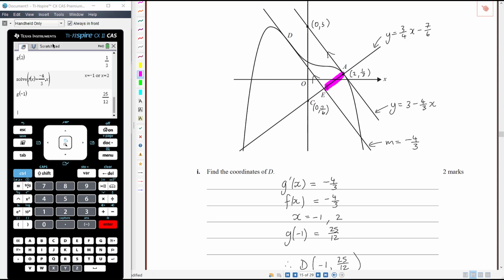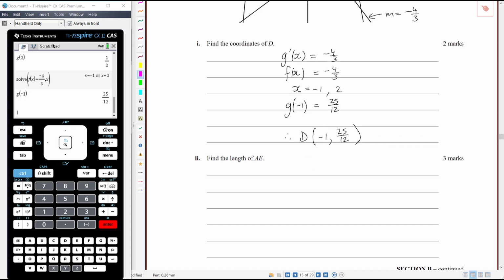We've got the coordinates of A. So the coordinates of E is where the normal, which is this equation, intersects with the tangent at D. So we need to find the equation of the tangent at D. And now we know that D is when x equals negative 1. So menu 4, 9 for tangent line.